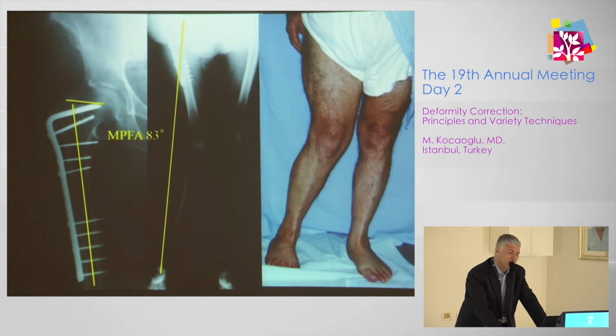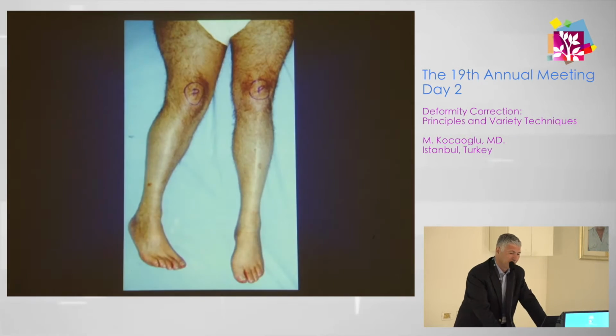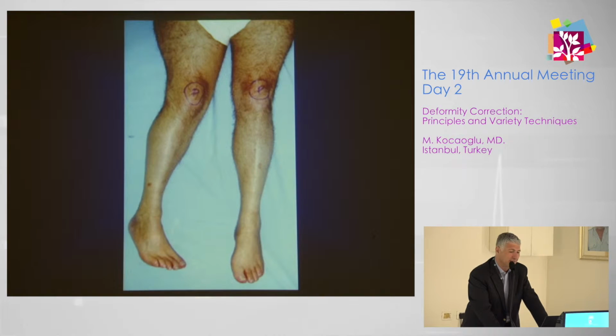The problem was rotational. They had fixed the distal fragment in huge internal rotation and created a huge genu valgum deformity, which I could easily treat by removing the plate and only correcting the rotation, and everything was fixed. You see it clinically before the treatment.